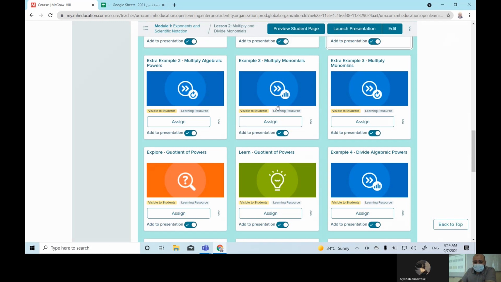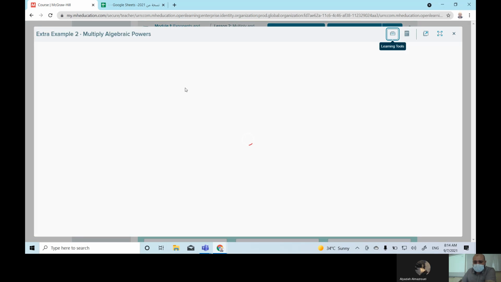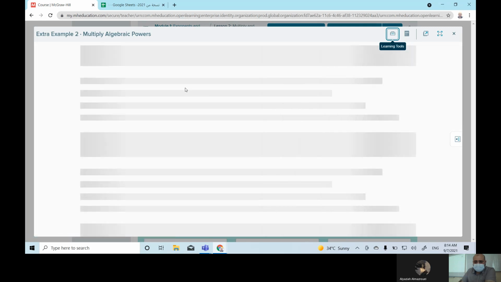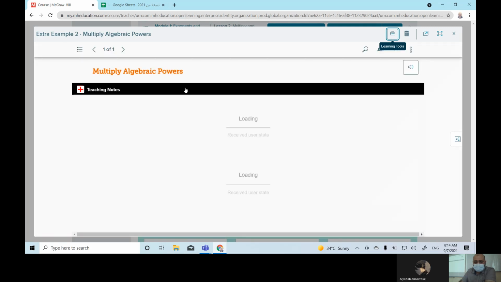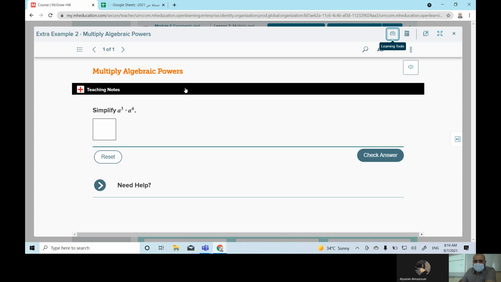The next example. The same idea, multiply algebraic powers. Please write this question: simplify a exponent 3 times a exponent 4.